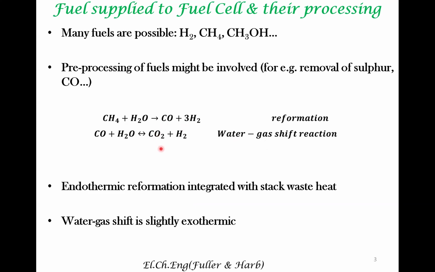So to improve its efficiency, eventually this has to be conducted at lower temperature. The removal of carbon monoxide in a stream of hydrogen would involve preferential oxidation of carbon monoxide to carbon dioxide. This is also a very interesting and important heterogeneous catalytic process.